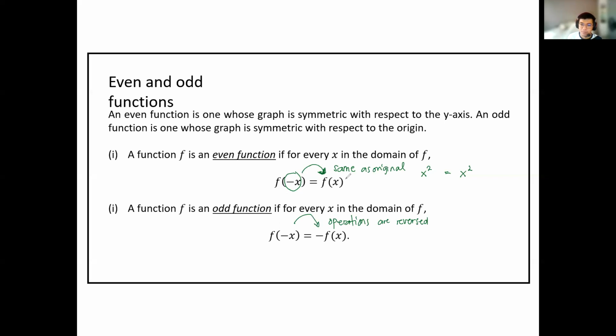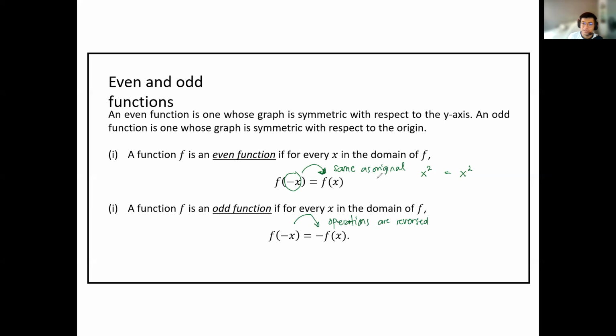It's not the same as the original, and there are terms whose operations are reversed. There are some that are equal or the same as the original, but not 100%, right? So if that's the case, the function is neither even nor odd.